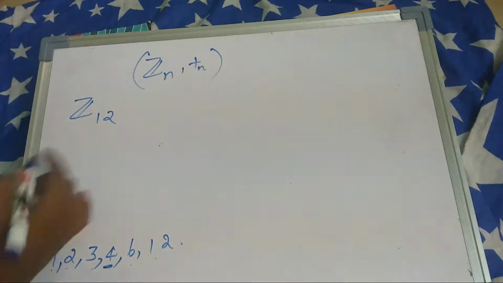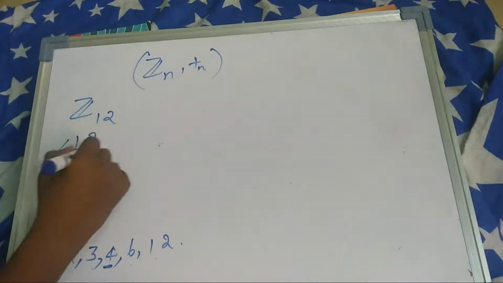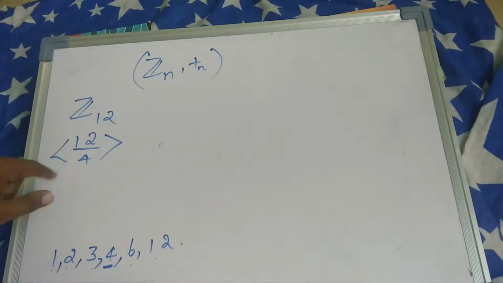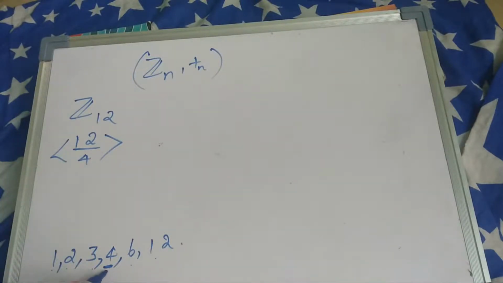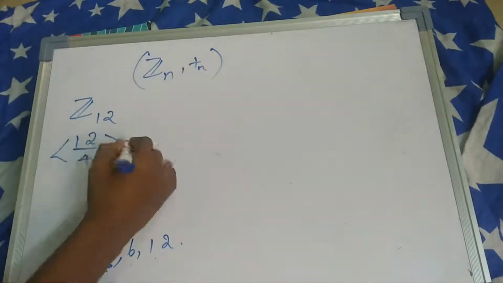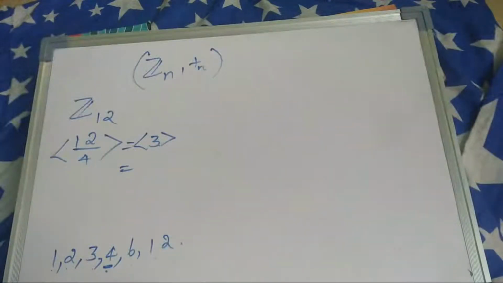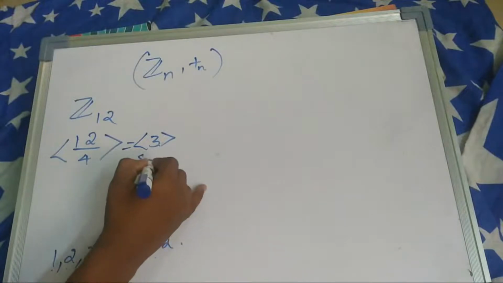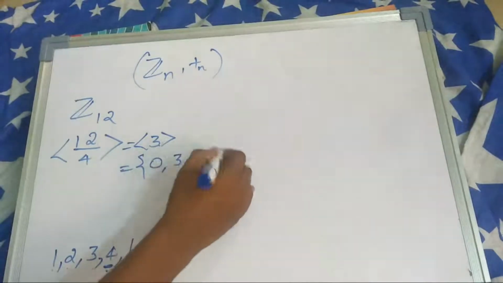So we find the subgroup generated by 12 by 4, where this division refers to the usual division in real numbers. We get 3 and find the subgroup generated by 3. The subgroup generated by 3 in Z12 will have 0, 3, 6 and 9.